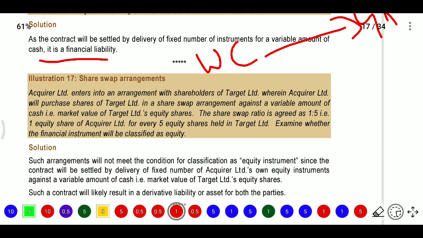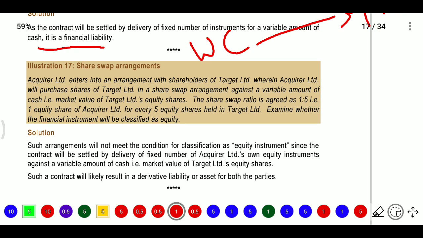Next, swap arrangement. Swap means what? To exchange a series of cash flows. In swaps we have interest rate swaps, currency swaps, and total return swaps. So Acquirer Limited enters into an arrangement with shareholders of Target Limited, wherein Acquirer Limited will purchase shares of Target Limited in a share swap arrangement against a variable amount of cash.